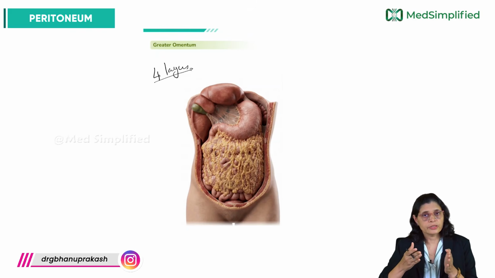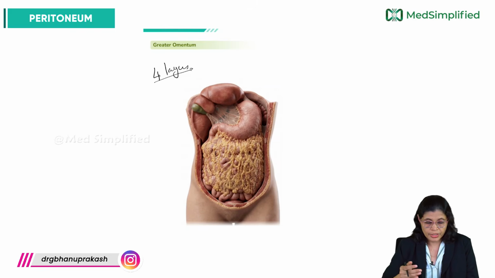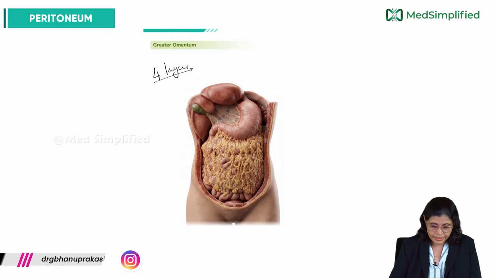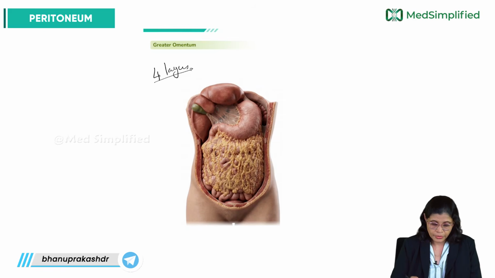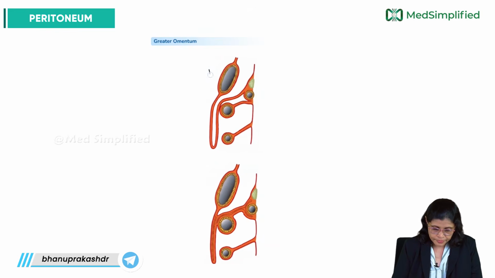Now, the 2 layers from the lesser omentum, that is the anterior and posterior layers, which descend from the greater curvature of the stomach, they go down to a certain extent and then they fold onto themselves. So here we see this is the anterior and this is the posterior layer.